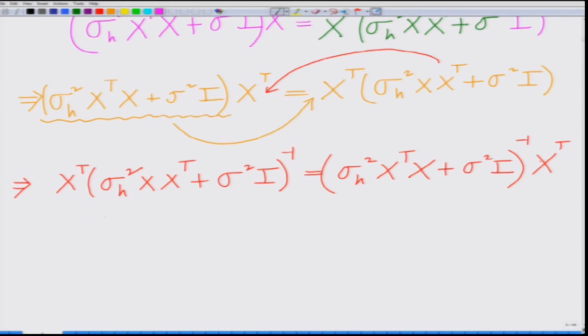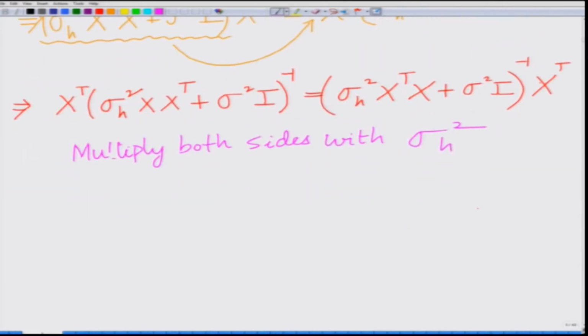Now, the last step: multiply both sides by sigma h square. Of course, sigma h square is a scalar, so I can simply multiply both sides by sigma h square.